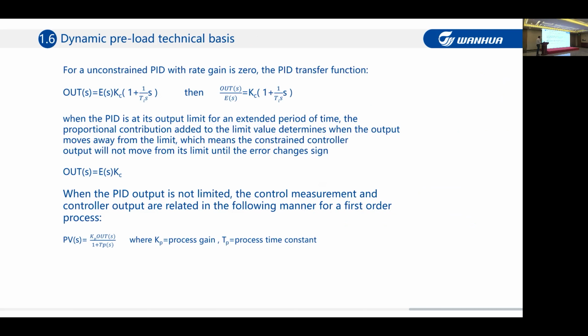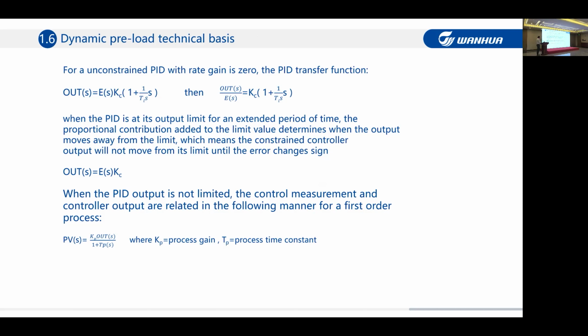This slide explains the technical basis of how dynamic preload is developed. For an unconstrained PID, to simplify the discussion, we don't want to use the rate action, so we set the rate gain to 0.